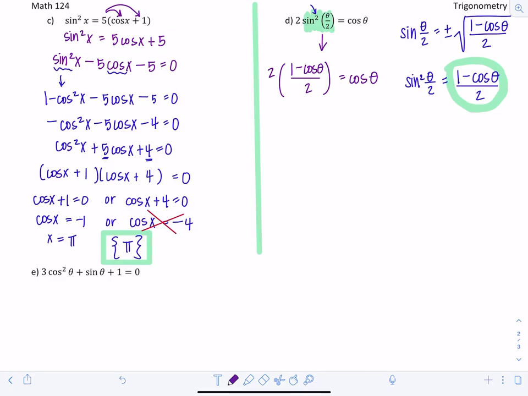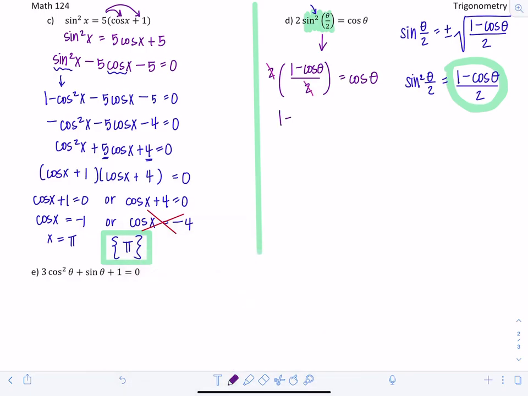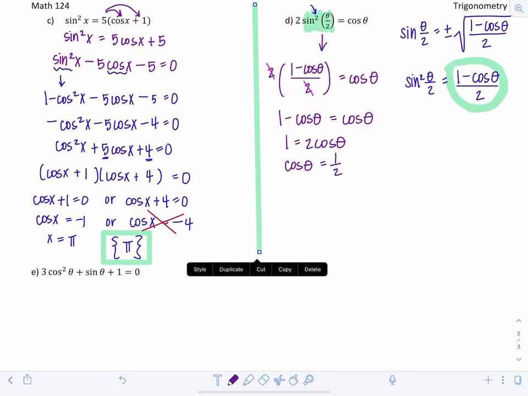All right. And are you noticing something we can do? I can cancel out this 2 here. Ooh, things are turning out nicely. So I just have 1 minus cosine theta equals cosine theta. Add cosine theta to both sides, so 1 equals 2 cosine theta, which means cosine theta is 1/2. All right, cool. So let's think.